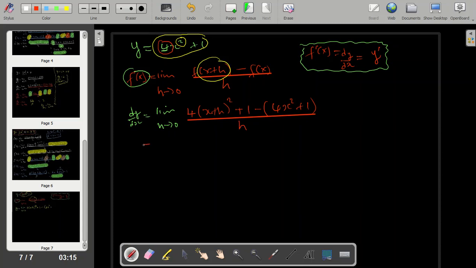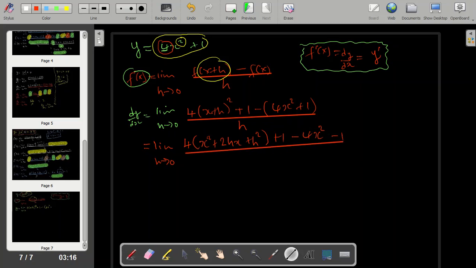So the limit as h approaches 0 is 4 times, when you expand this part, x squared plus 2hx plus h squared plus 1 minus 4x squared minus 1, everything divided by h.